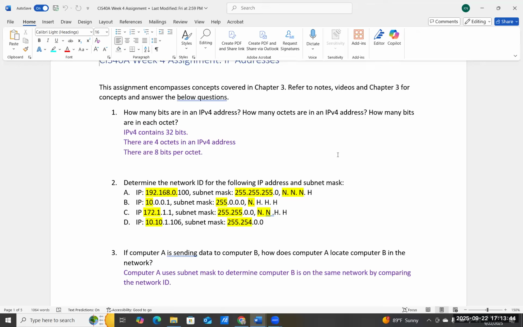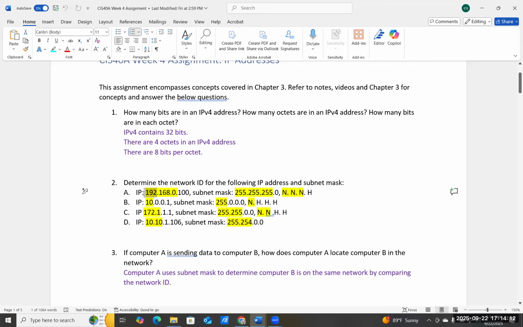So if we're looking at the first IP address, A, 192.168.0.100, and you're given a subnet mask 255.255.255.0. This is a default class C address. So like I said, whenever you see a default class address, you are going to identify the parts that are going to be 255.